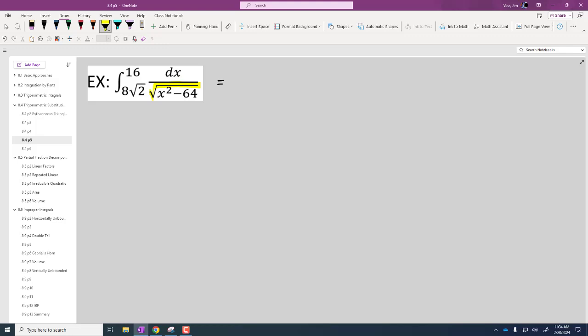So that 64 has to come to the front with whatever that power is, and it just so happens that we can actually evaluate that. The square root of 64 is 8. So when we factor it out, we're going to have 1/8. We're going to have 8 root 2 to 16 dx in the numerator, and in the denominator, this is going to end up being x divided by 8, quantity squared, minus 1.